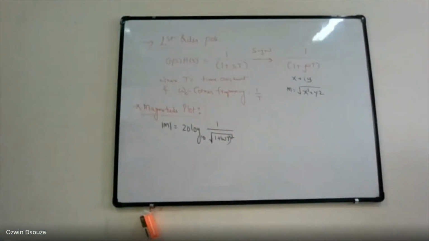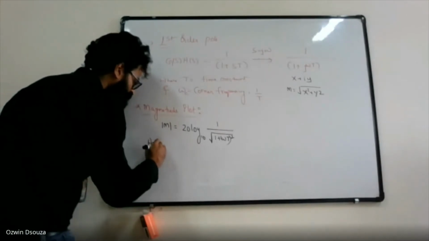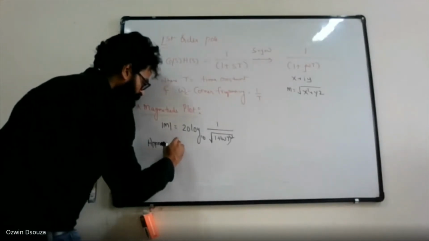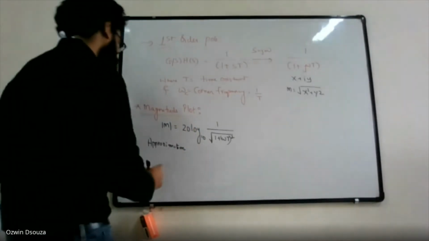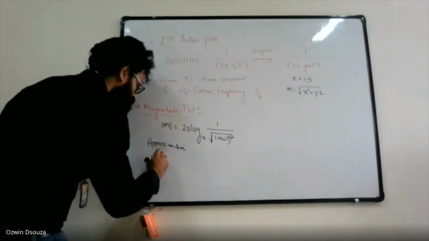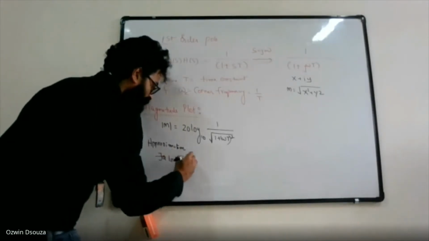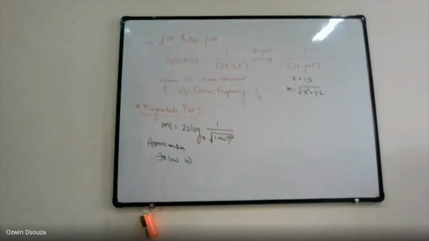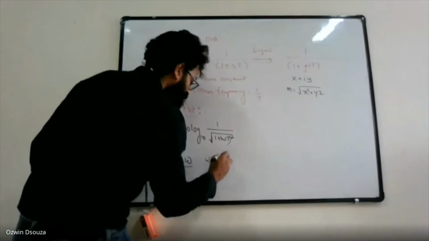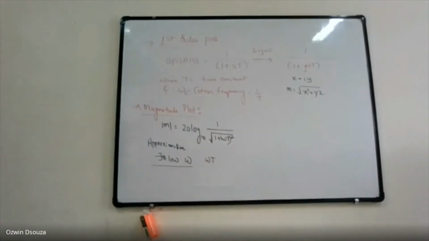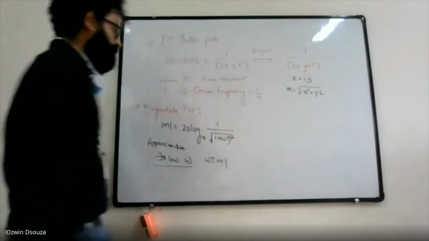Now what you can do is carry out the approximation. So the approximation is that, let's say for low omega values, for lower values of omega, the product omega T becomes very, very small.